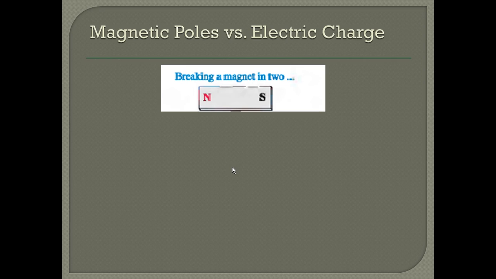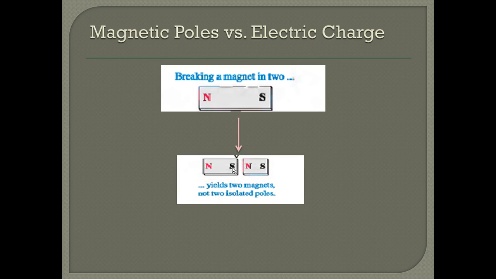So what happens when you break a bar magnet into two pieces? If you break a bar magnet into two pieces, each piece would have its own north pole and its own south pole.